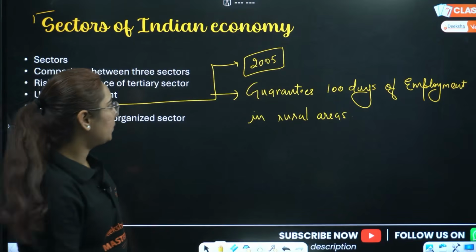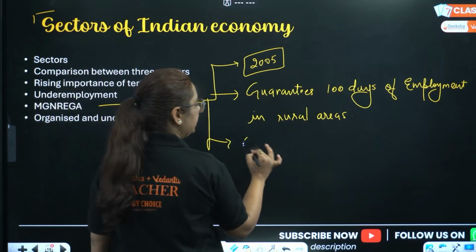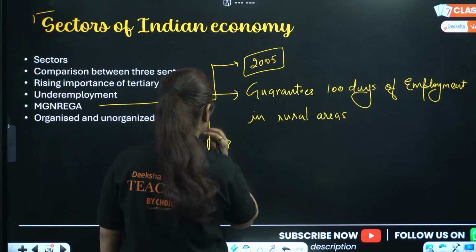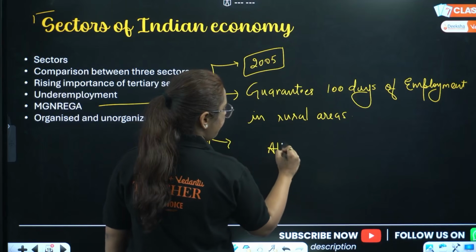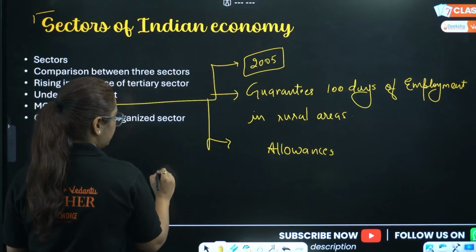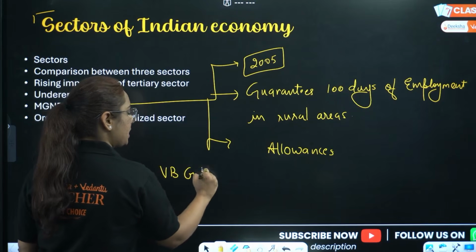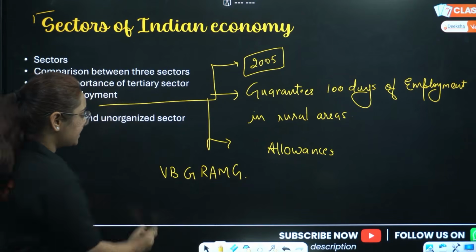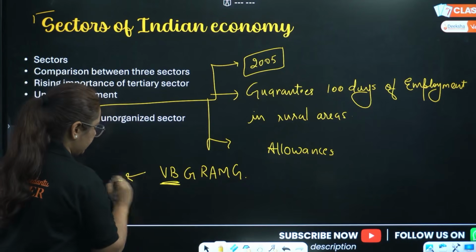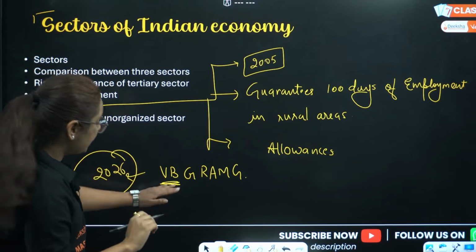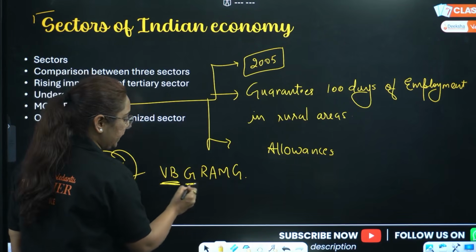Guaranteed employment in the rural areas. And if not given, they will provide you compensation, that is known as allowances. Okay, now it is known as VB-G RAM G. What does it mean? Viksit Bharat, pay attention, 2026. Name changed. Viksit Bharat guarantee what?